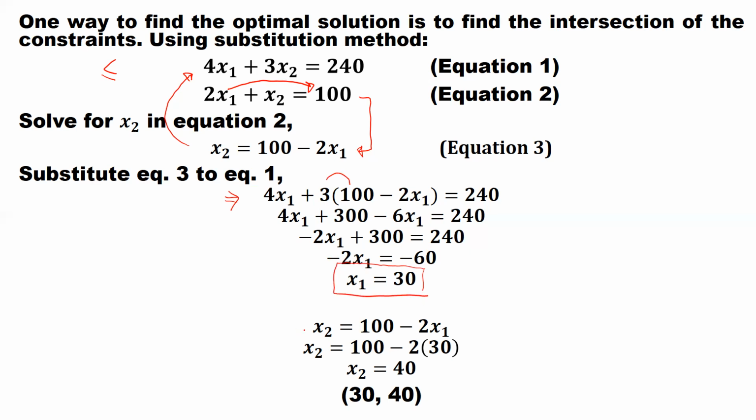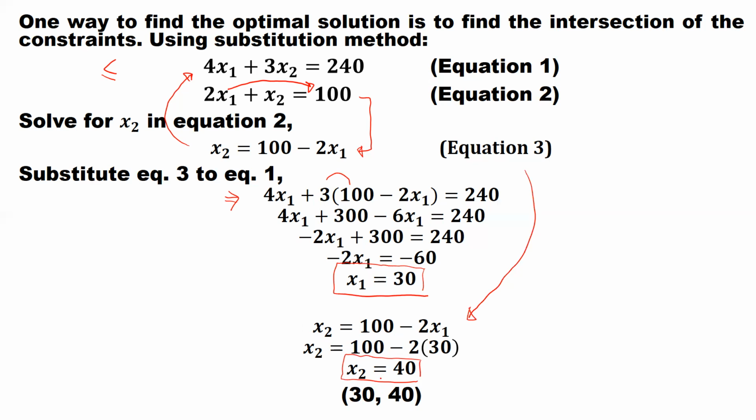So to solve for x sub 2, we could use equation 3 by substituting x sub 1 as 30. So we have x sub 2 equals 100 minus 2x sub 1. Then we substitute x sub 1 as 30. So x sub 2 equals 100 minus 2 times 30, or x sub 2 equals 40. So meaning the point of intersection of the two lines is (30, 40).